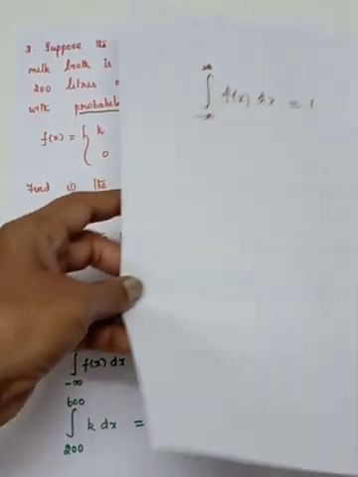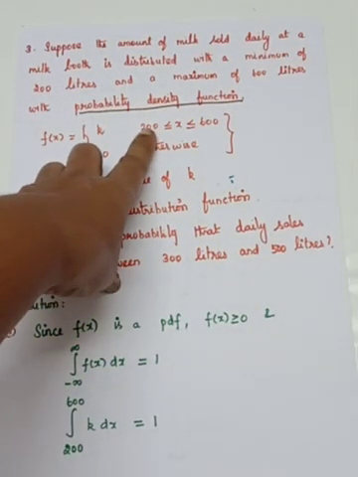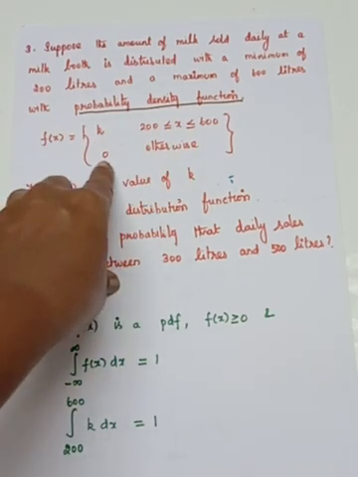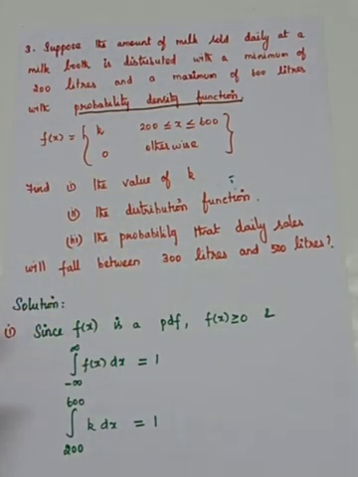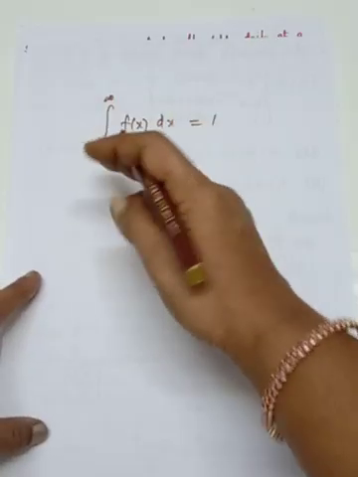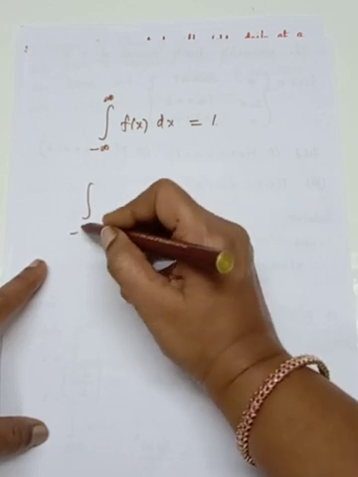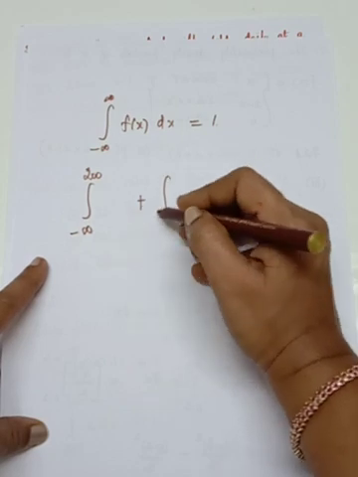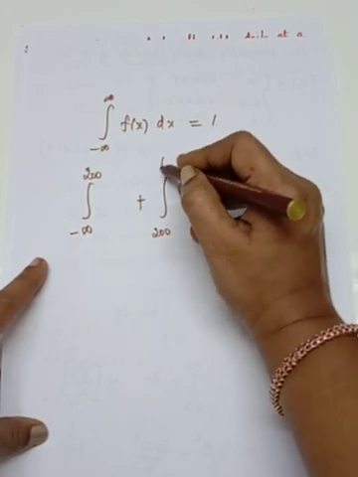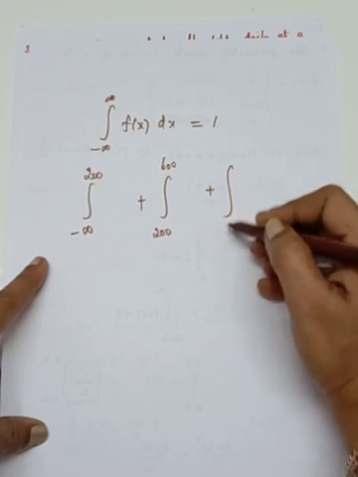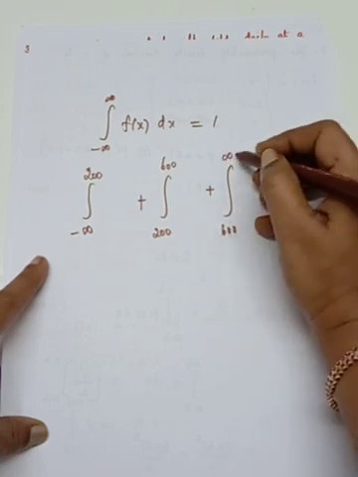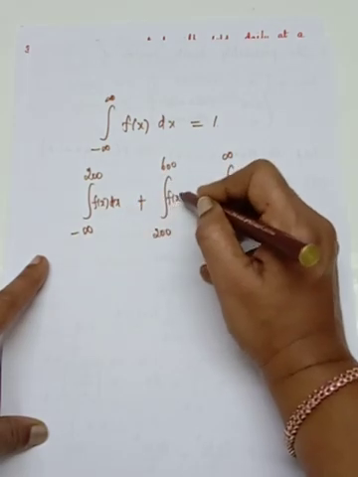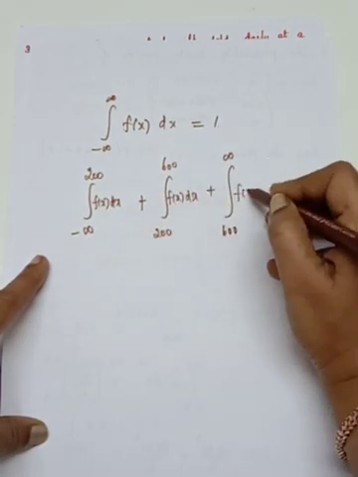Okay. So see now in our problem 200 to 600 only the value is k, otherwise it is 0. Okay, so it is defined like that. So how will it be split? It is starting from minus infinity to 200 plus 200 to 600 plus 600 to infinity. Here you have to write f of x dx, here also f of x dx, and here also f of x dx.